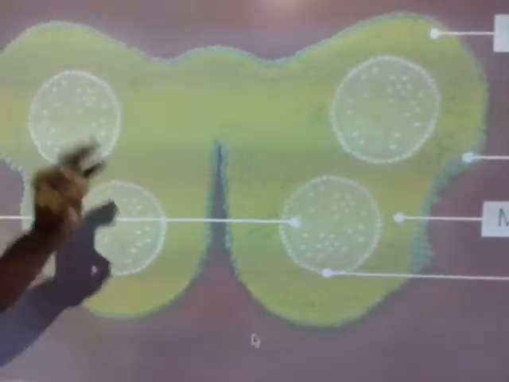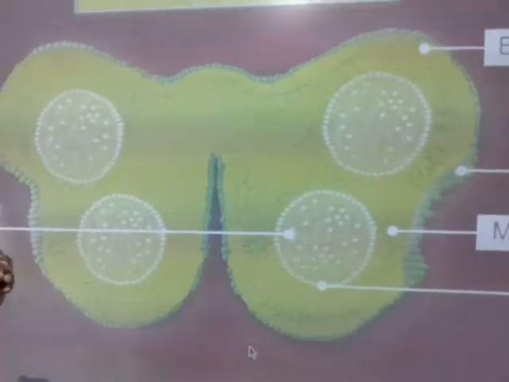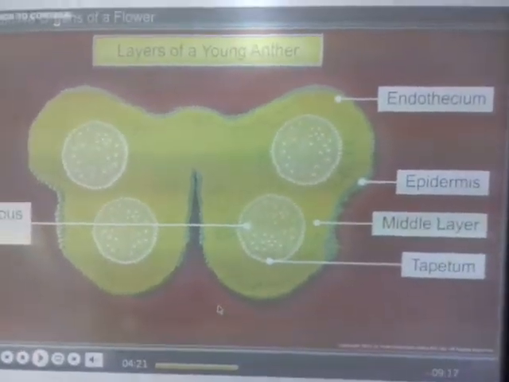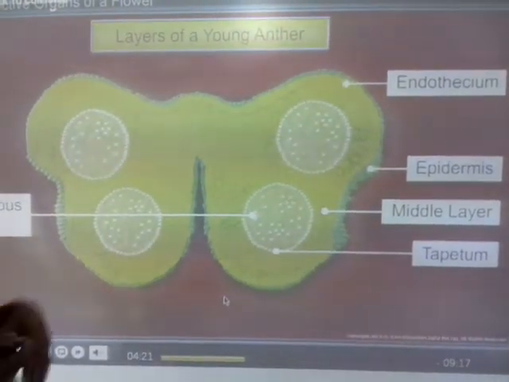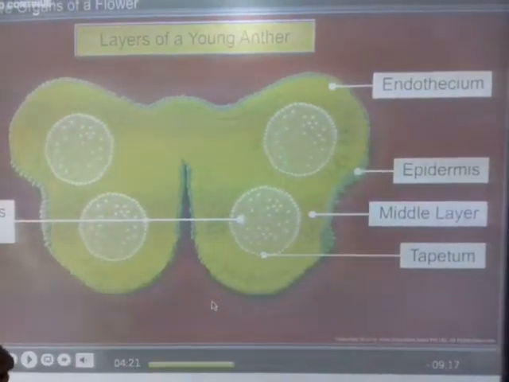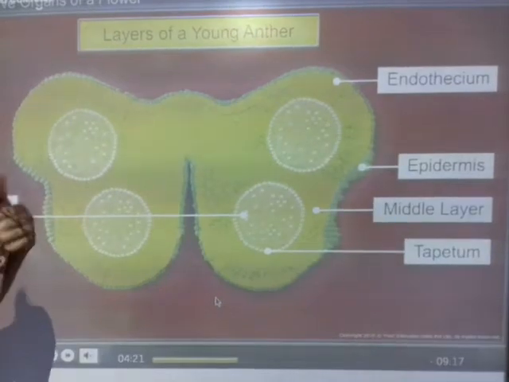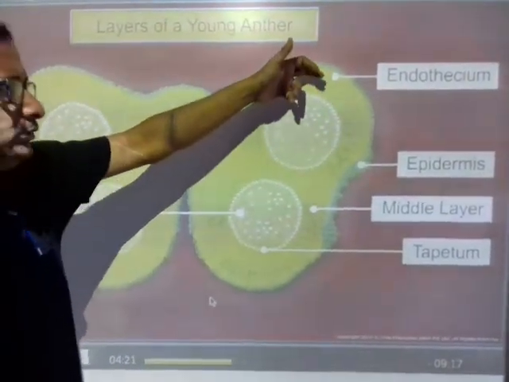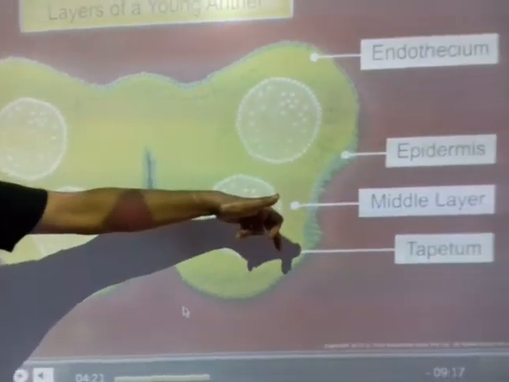When the development of the anther takes place, it usually starts from the archesporial cell, and that archesporial cell divides into three layers: the endothecium, the middle layer, and the tapetum.